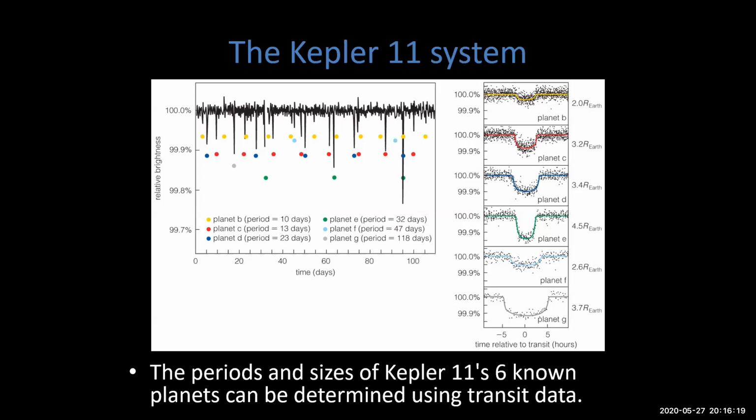Here we are seeing transits for Kepler-11. Kepler-11 has, I think it was 6 planets that are all transiting.